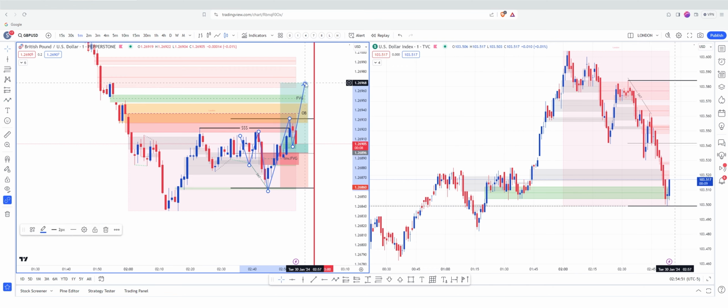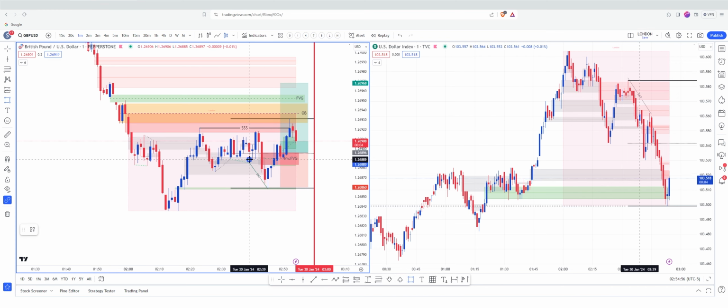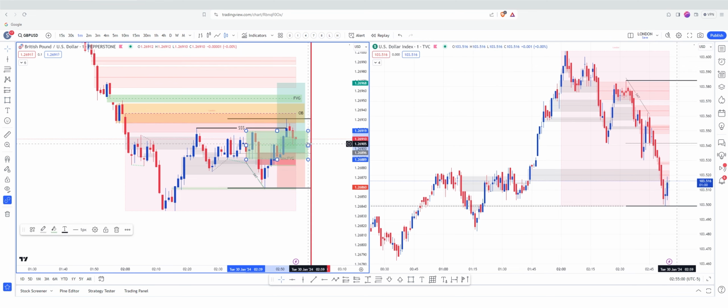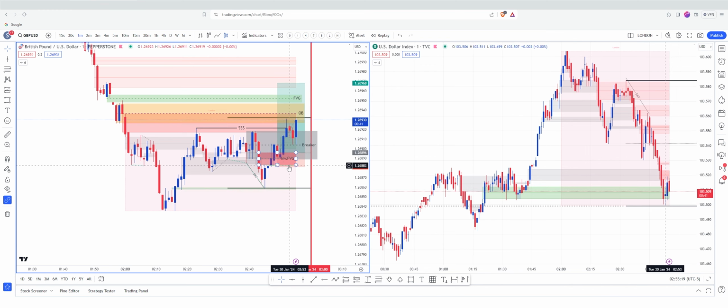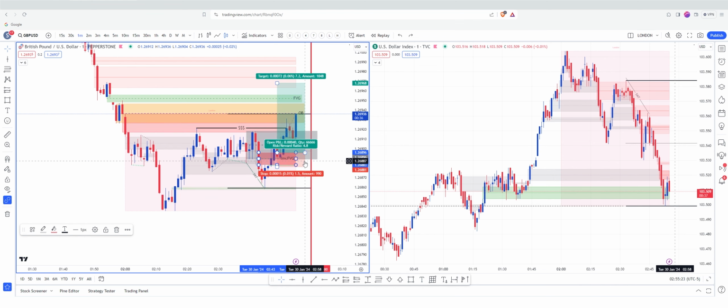That is a unicorn on the 1 minute, so you would hope or expect that breaker to hold. So you could move the stop loss at least below the inversion fair value gap, half the risk. Breaker's being respected, fair value gap being respected, so strong move. All that. So I want this.